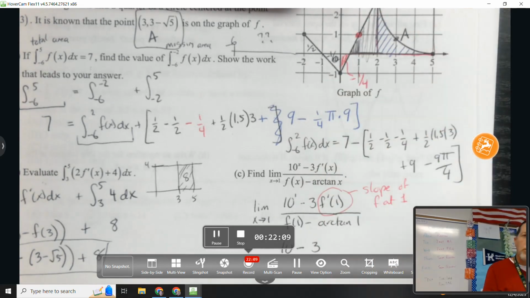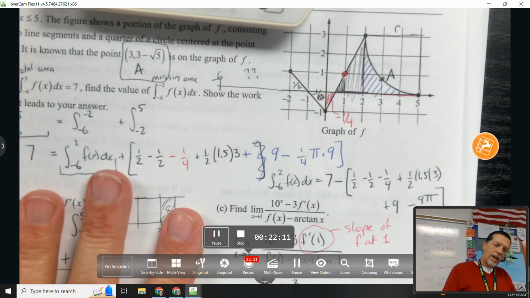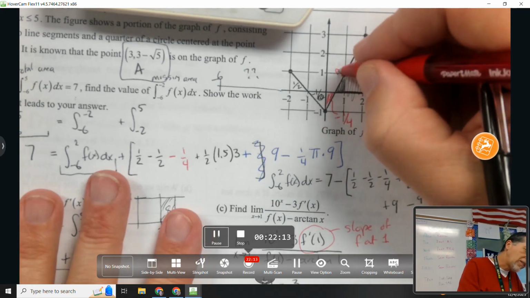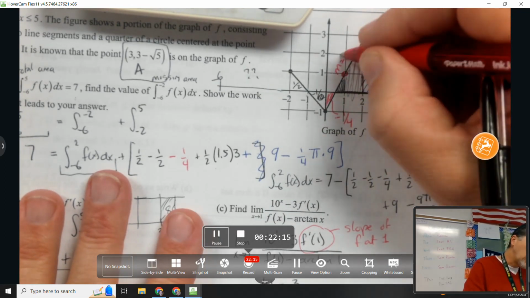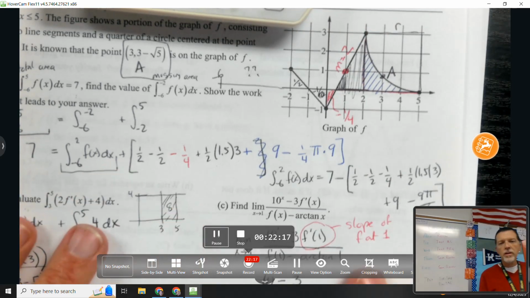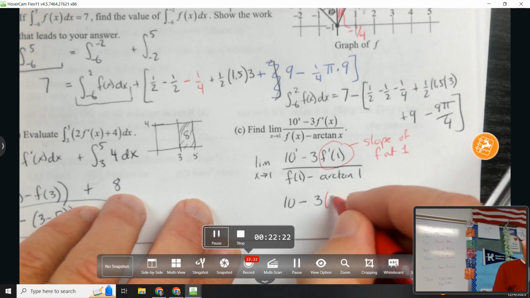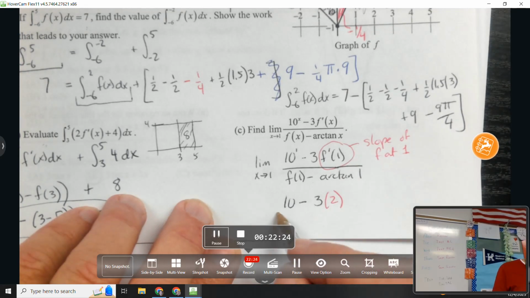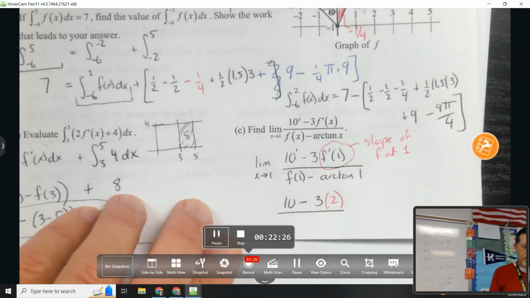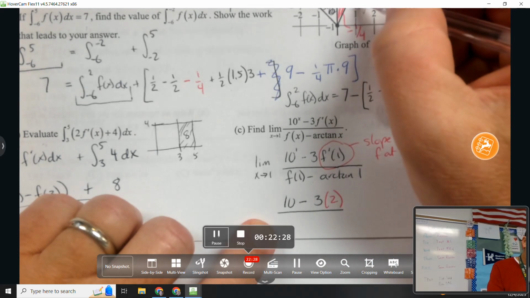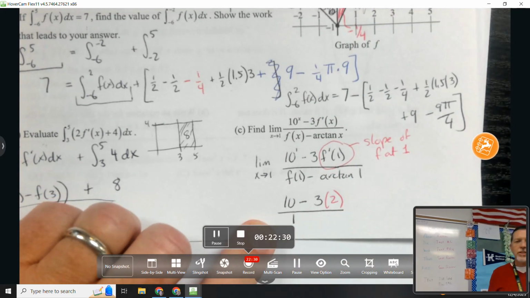There's 1. And that slope, it's just a line, so I can just count the slope up 2 over 1. That slope is 2. So 10 minus 3 times 2 over f of 1. That's just on the graph. F of 1 is 1.